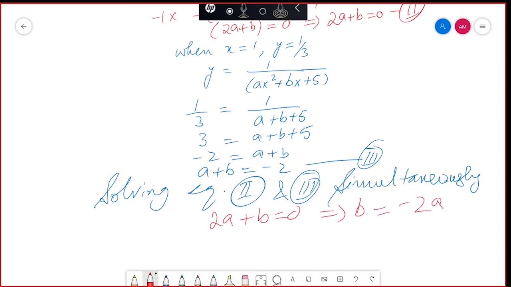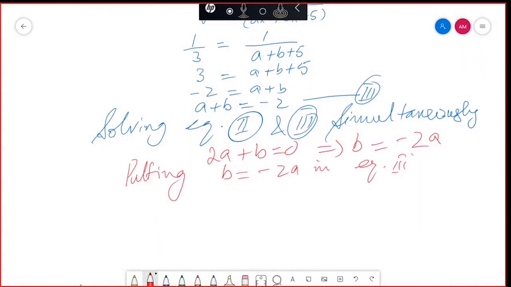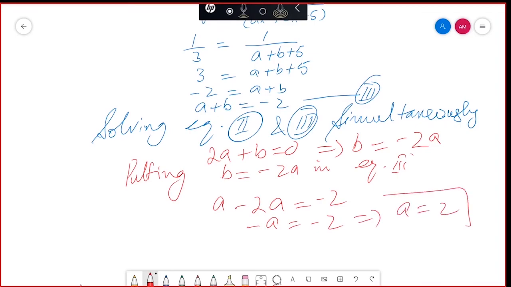I am doing the substitution method. Putting b is equal to minus 2a in equation 3, we will have a minus 2a is equal to minus 2. So minus a is equal to minus 2. This implies a is equal to 2.